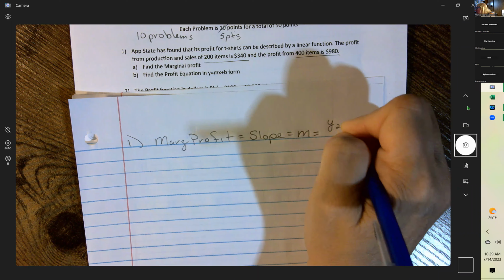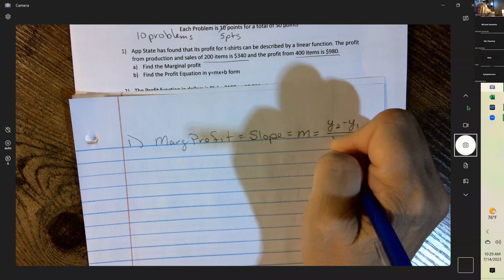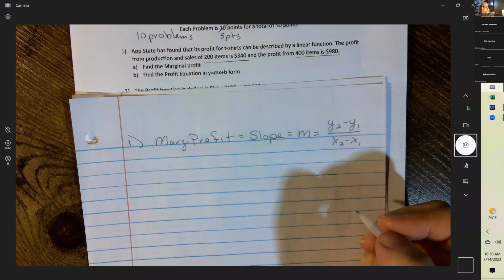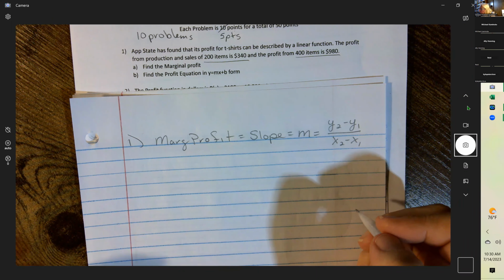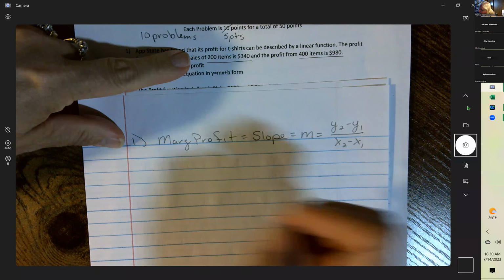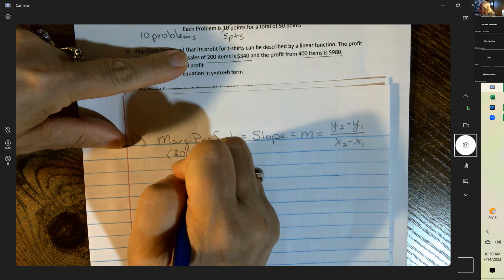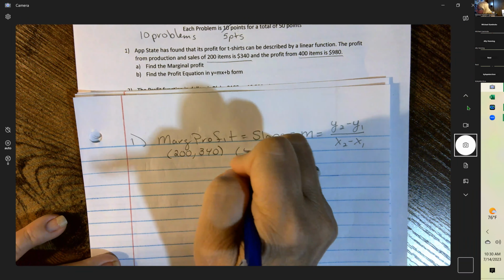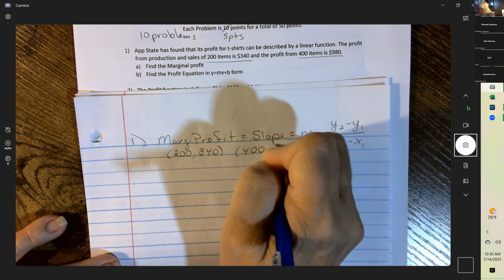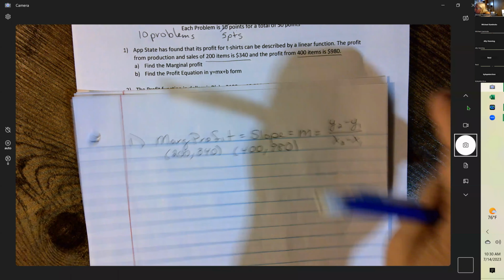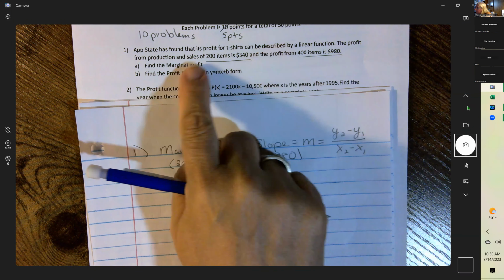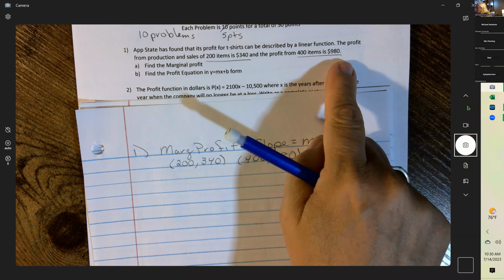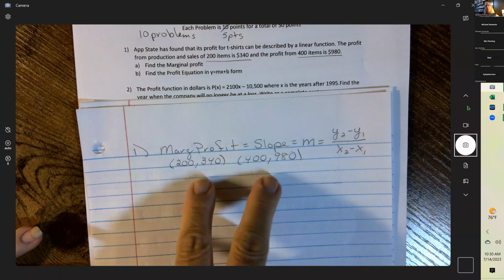Your change in Y over your change in X. So it's giving us 200 items is 340, 400 items is 980. That's giving you your 2 points.